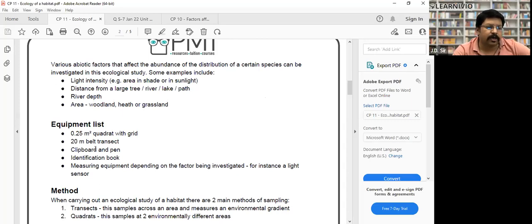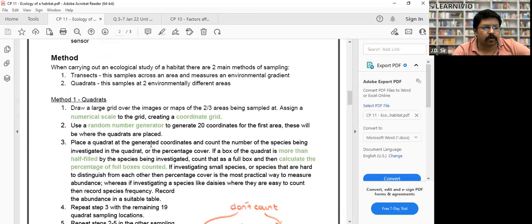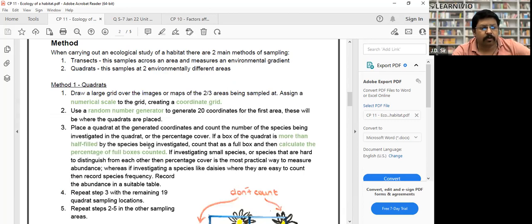And we take an area of a 20-meter belt, right? Here we have to draw the quadrat, then take the pen and all that. In the quadrat method, we have to map approximately 2/3 of the area to sample, right? It's a very big task.